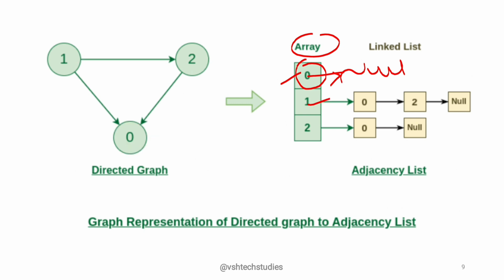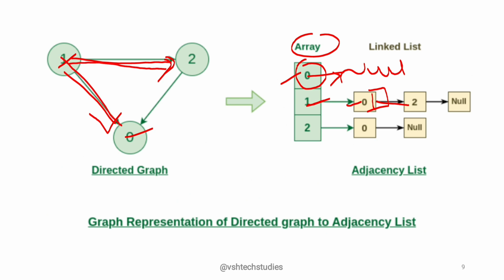Next, in the memory location which corresponds to vertex 1, there is an arrowed line from 1 to 0. That is why in this location node 0 address is stored. And with node 0, another memory location will be there. There node 2 address will be stored because from 1 to 2 one arrowed line is there.